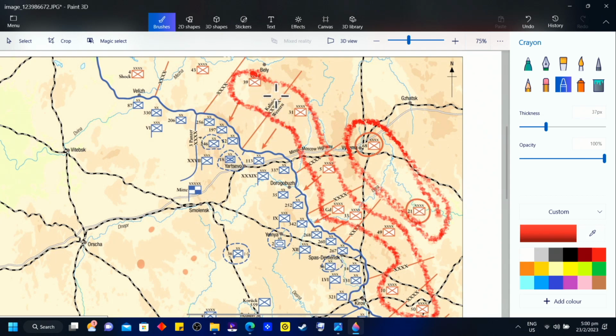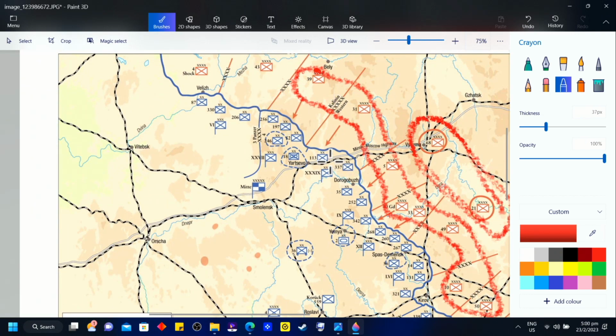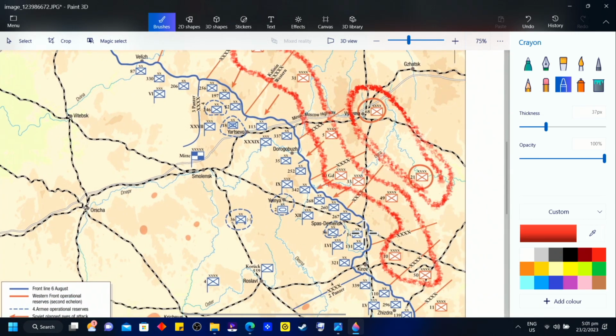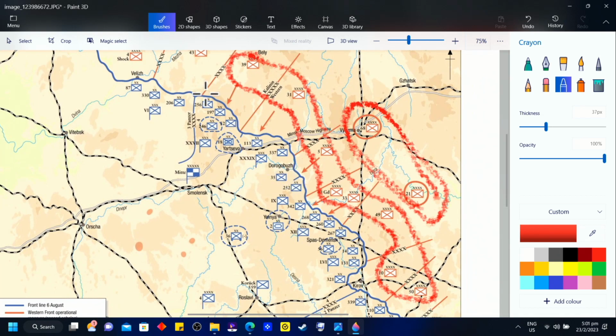This time they have those assault engineer brigades to blow up wire obstacles and demolish any anti-tank ditches or whatever. So they now use more engineering support to clear any obstacles that the Germans had. You can see the Soviets recognized the importance of clearing the defenses first before you send all your men into the teeth of German machine guns.